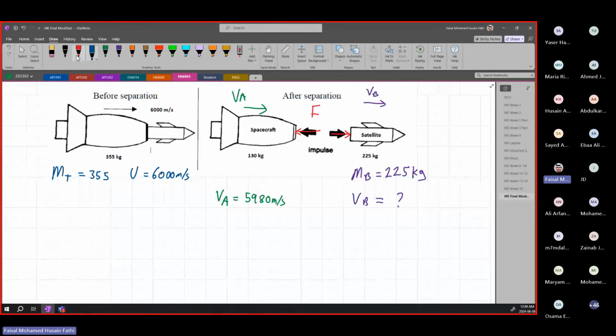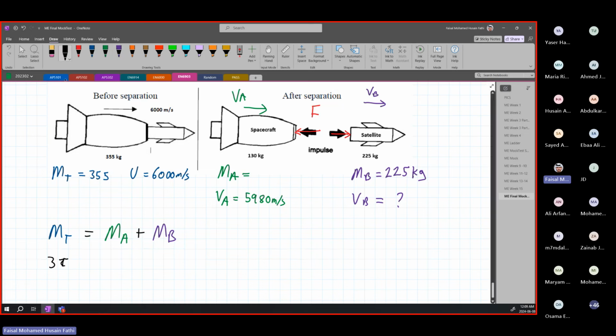M total, with the mass of the spacecraft, we're going to call MA. And M total is equal to the mass of the spacecraft plus the mass of the satellite, which is MB. So in other words, 355 kilograms is equal to MA, which we want to find, plus 225.